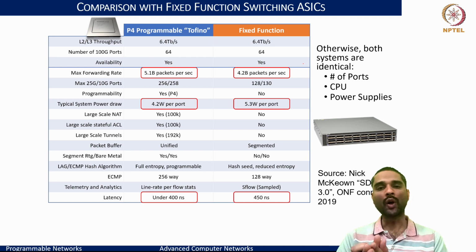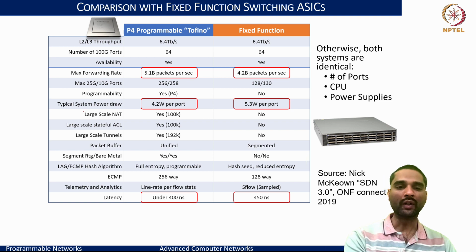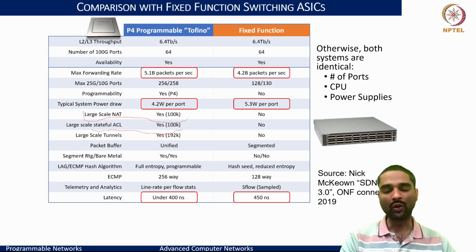And in fact, now because these are programmable, we are able to support many more functionalities than just providing the switching capabilities. For example, we can account for NAT within the programmable switch, with roughly 100k rules that we could support for NAT, and likewise access control lists that could be configured.